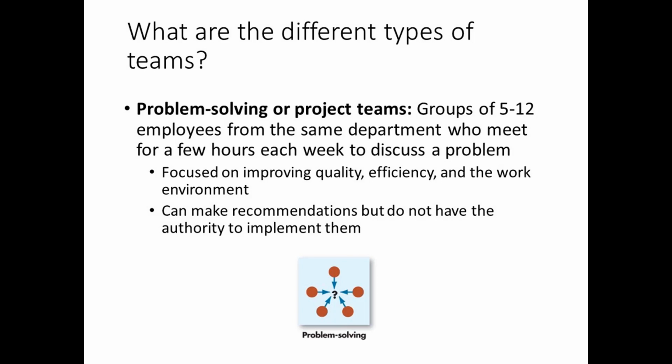Because members have regular jobs, they have multiple reporting relationships. They report to their bosses as well as to the team and its leader. This, of course, can create challenges for the team and its members. What happens when the team's expectations and goals conflict with the regular job?